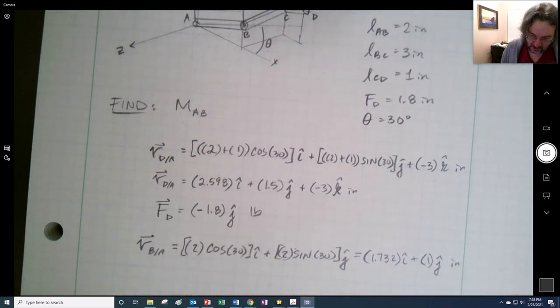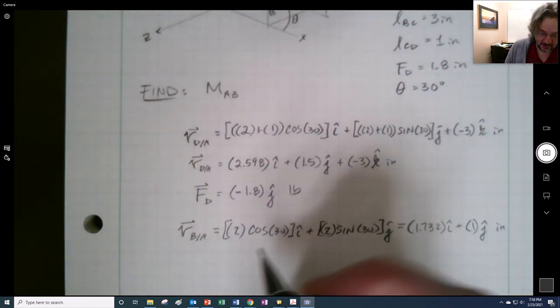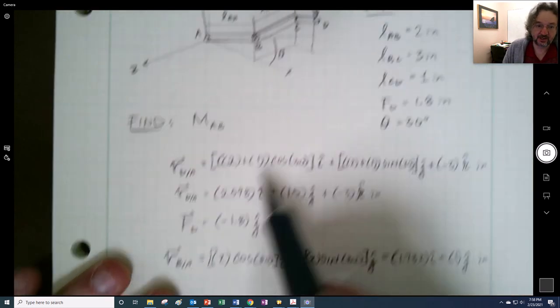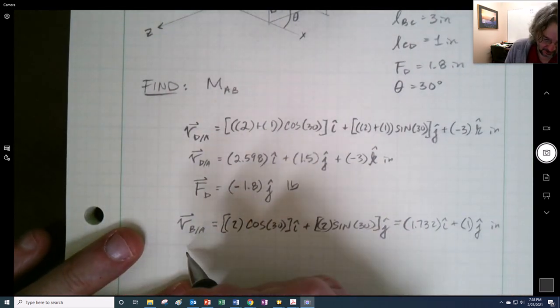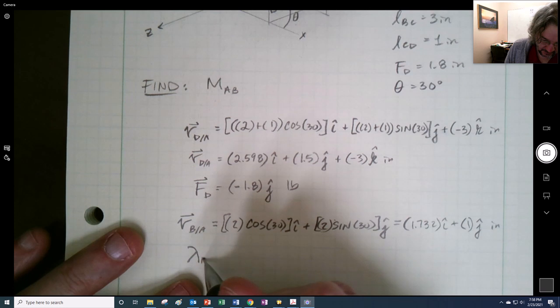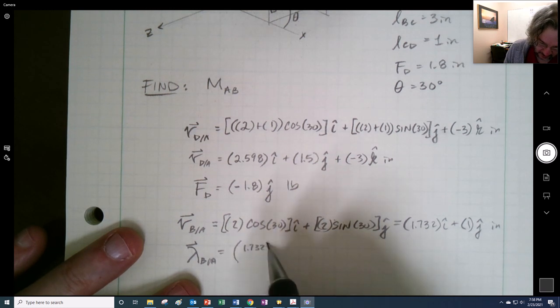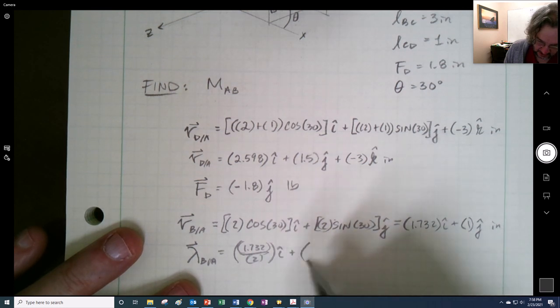And these are inches, but we want the lambda. So we get the magnitude of this. We already know the magnitude. The magnitude is 2, right? That's the length of this thing. So the lambda B with respect to A that we would have is just going to be 1.732 divided by 2, the length, i plus 1 divided by 2, j.